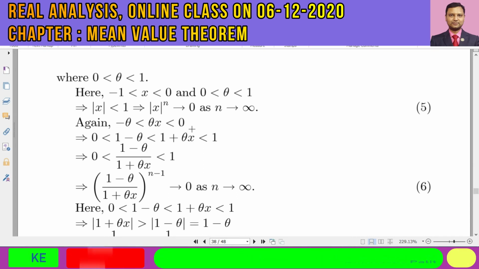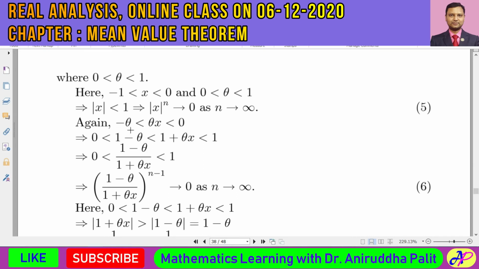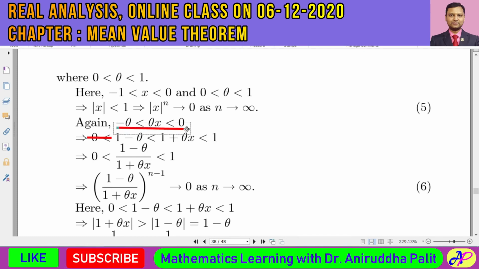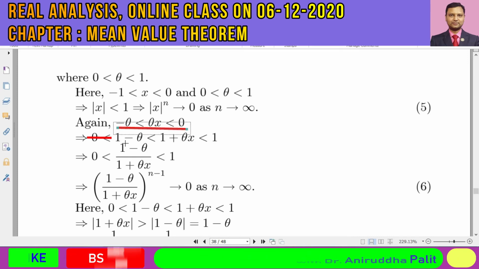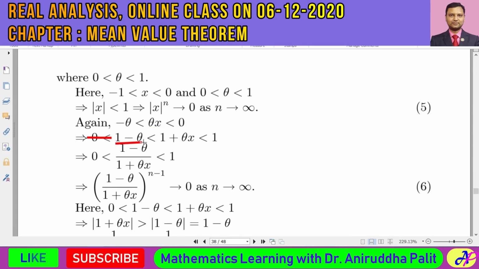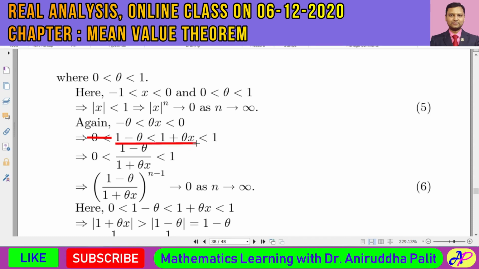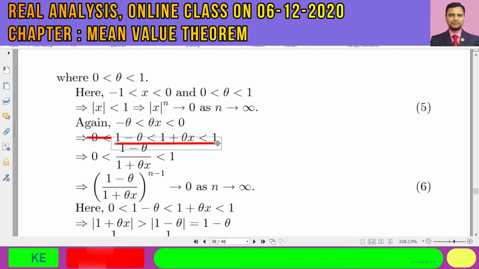So from this result, forget about this inequality. We are adding 1 throughout this inequality. Then we shall have 1 minus theta on the left hand side, and that is less than 1 plus theta x in the middlemost term, and that is less than 1.